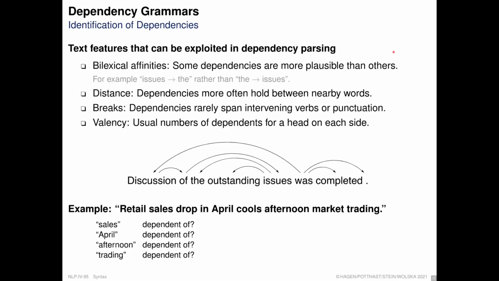Some are obvious. For instance, determiner relations are quite obvious. Distance often is a good indicator. Dependencies tend to hold between nearby words, so the distance should be as close as possible for English. There are languages, though, with so-called long-distance dependencies. An example of such language is German and Germanic languages in general.